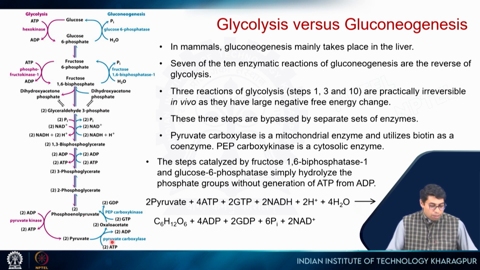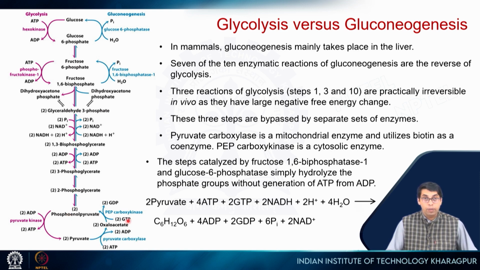In the first step, pyruvate carboxylase uses ATP, so it hydrolyzes ATP to produce ADP and it forms oxaloacetate from pyruvate. Okay. So, oxaloacetate is produced here and then phosphoenol pyruvate carboxykinase converts oxaloacetate into phosphoenol pyruvate and here it uses GTP.